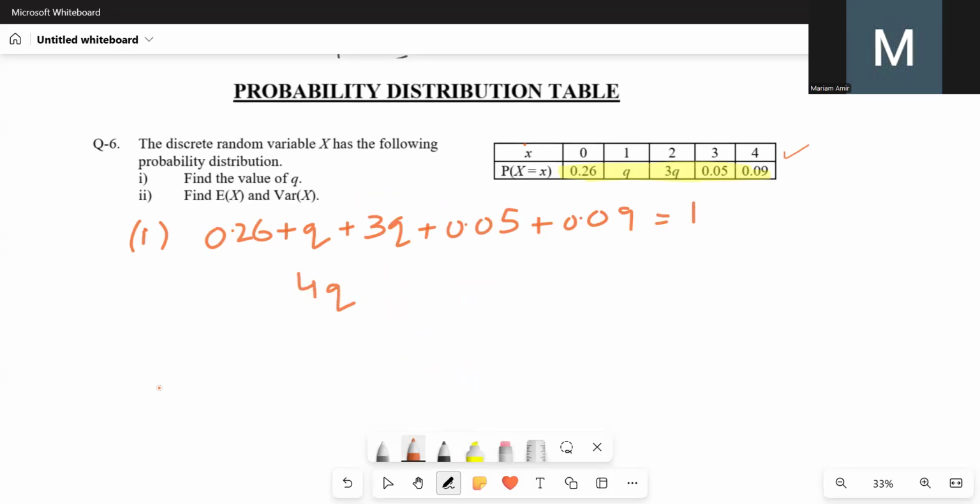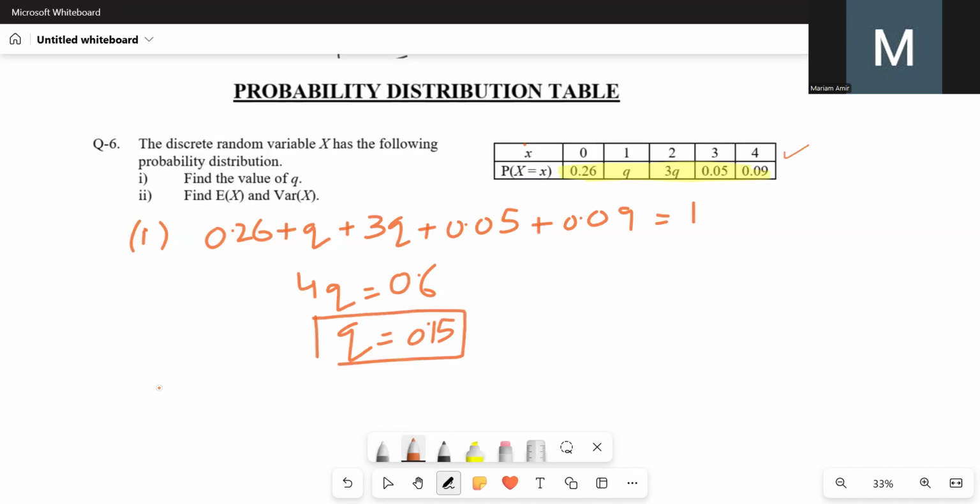We get 4q here, and move everything to the other side, we get 1 minus 0.09 minus 0.05 minus 0.26, which gives us 0.6 divided by 4, and we get 0.15 as q.